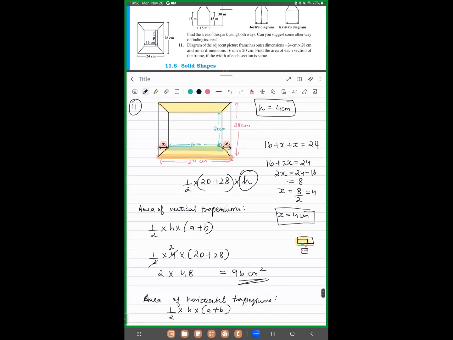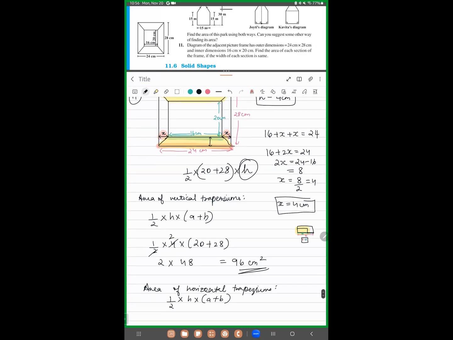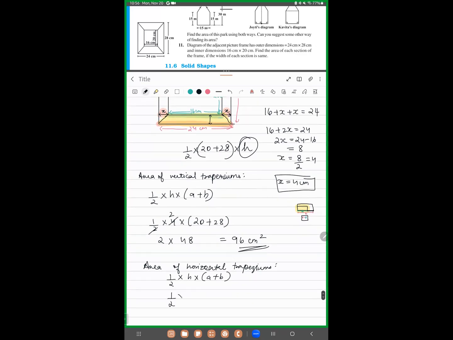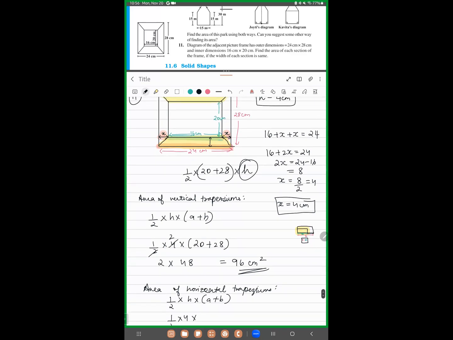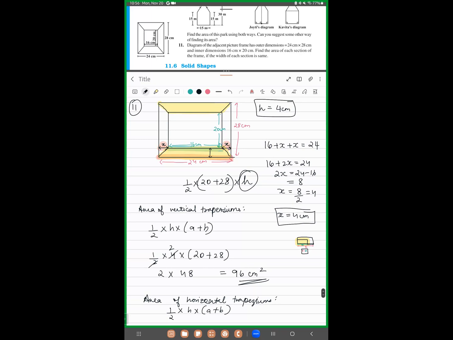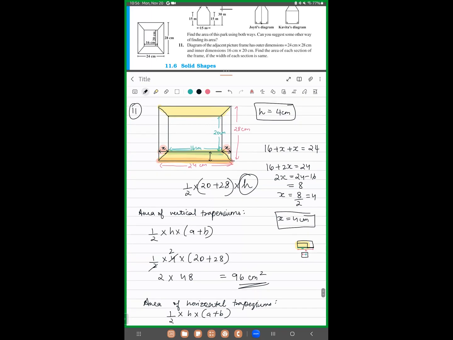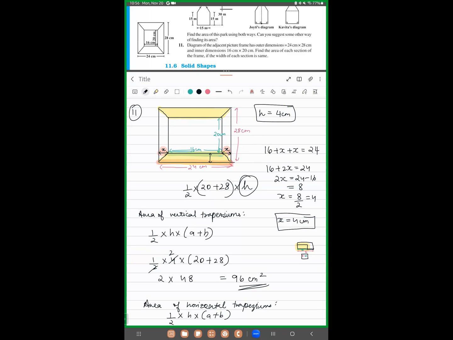The reason being, in the question they have told us that the width everywhere is the same. So height is again 4. And what are A and B? A is 20 and B is 28. Bache, which trapeziums are we talking about? We are talking about the horizontal ones. Oh, sorry, 16 and 24.